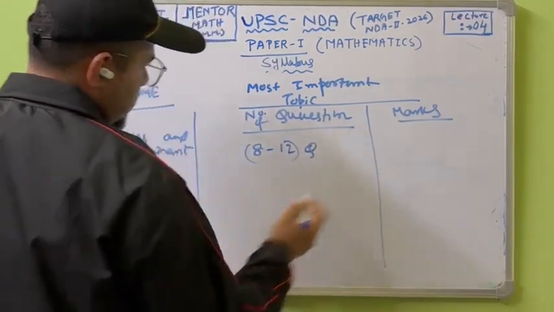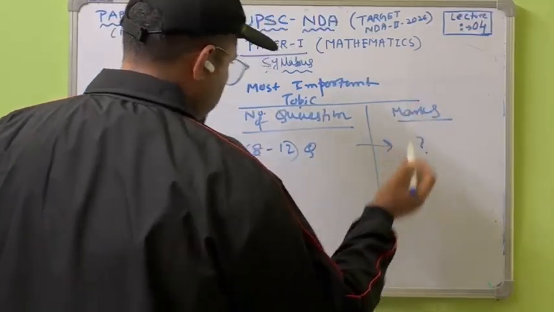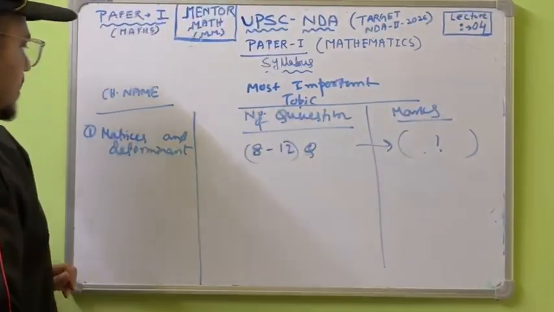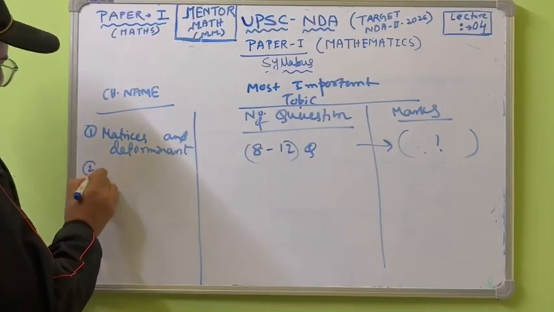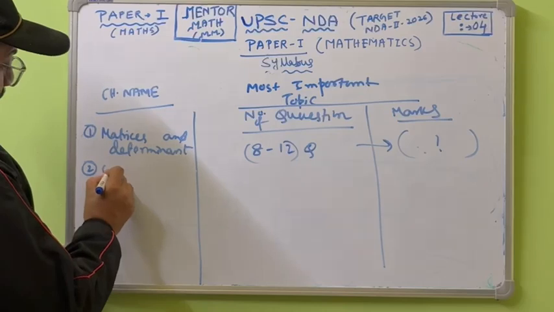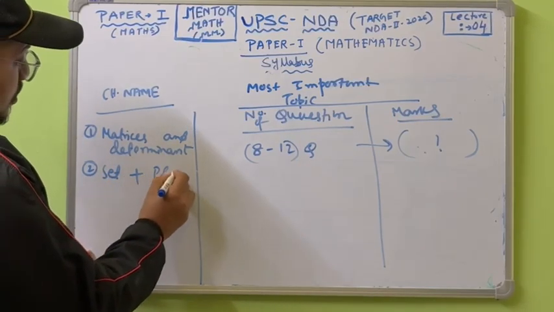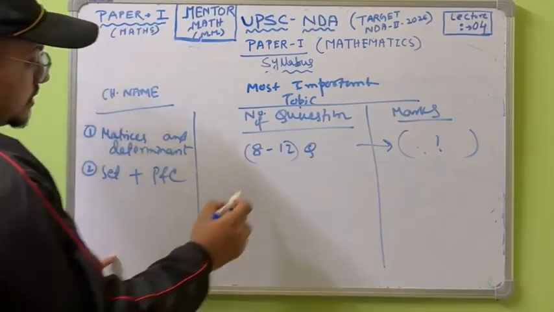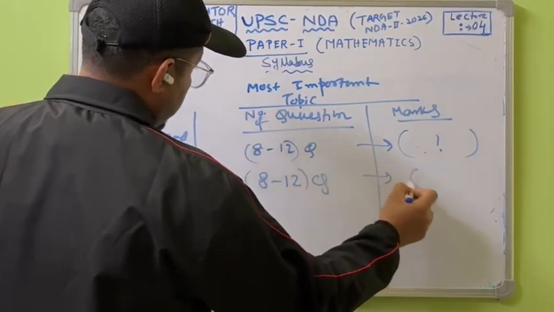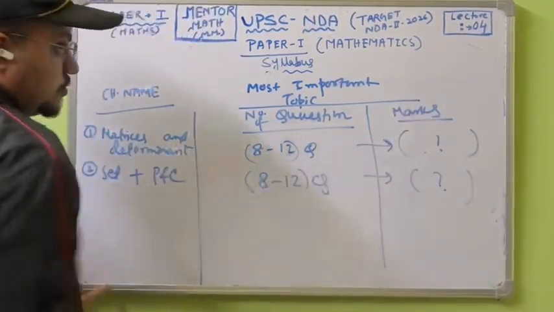Okay, so you can find out the marks, minimum how many, maximum how many. And number 2 is the set plus permutation and combination chapter. From these chapters you can also see 8 to 12 questions. Okay, and this is your job, you have to find out the marks.